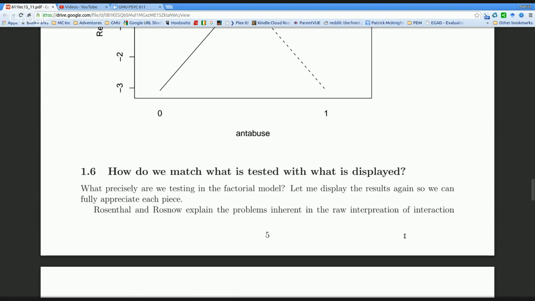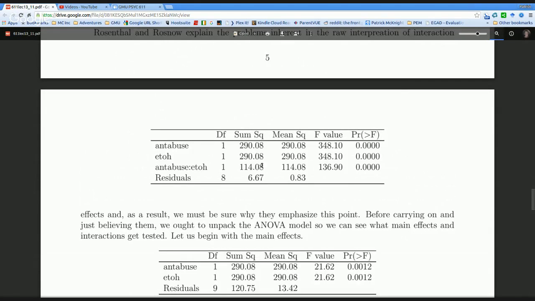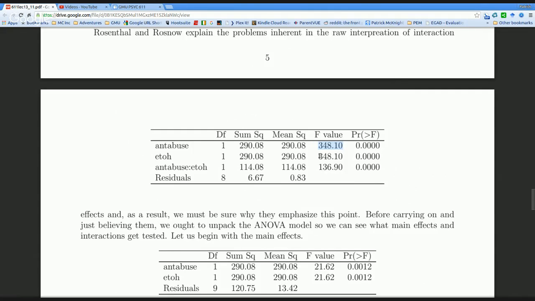So how do we match what's being tested? As I said before, this is the summary of our tested effect. Remember, 290 divided by 0.83 gives us 348.10. So you'll see here, this is the original ANOVA.